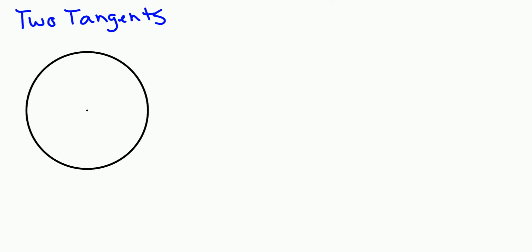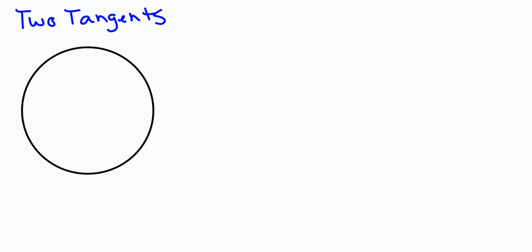The first one is an angle with two tangents. So we have a tangent line here, a tangent line here.